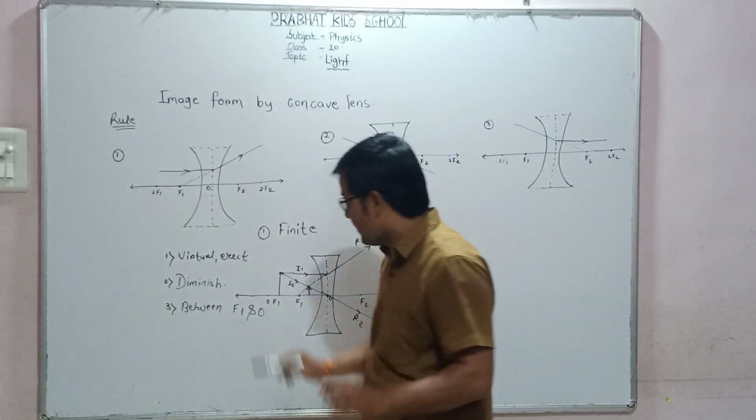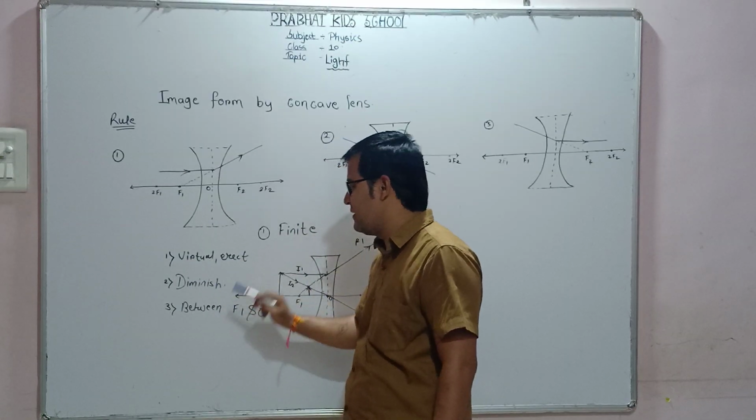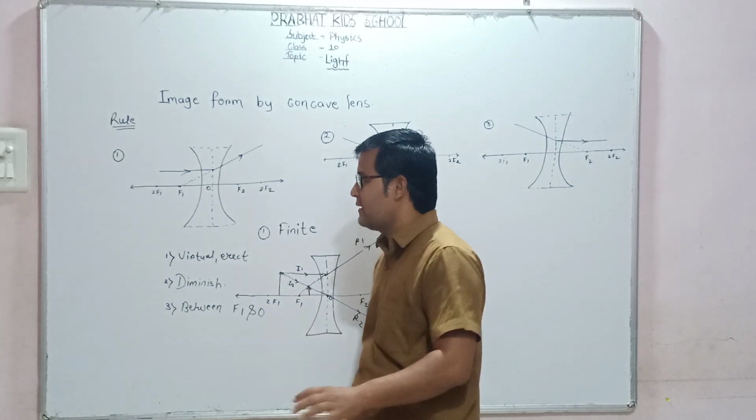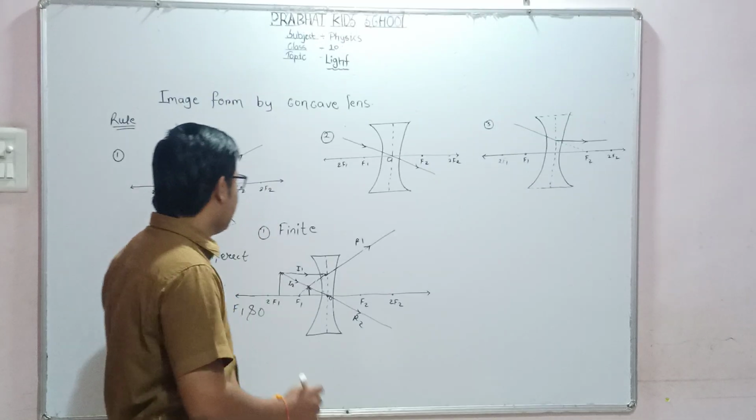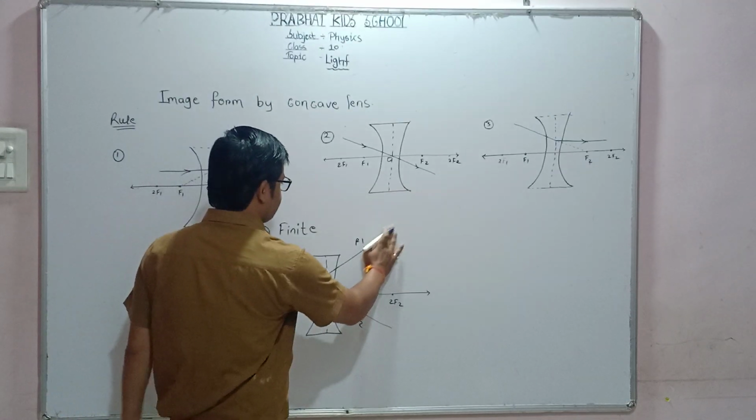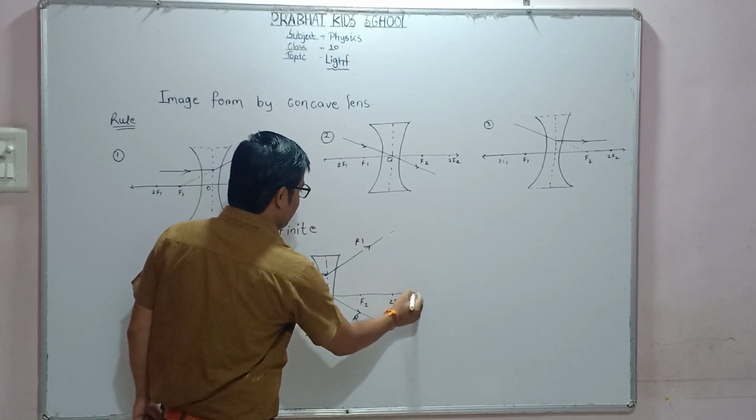The image is virtual, erect, the image is diminished, and that is F1 and O, that I already told you. Now second is infinity. Second point is infinity.